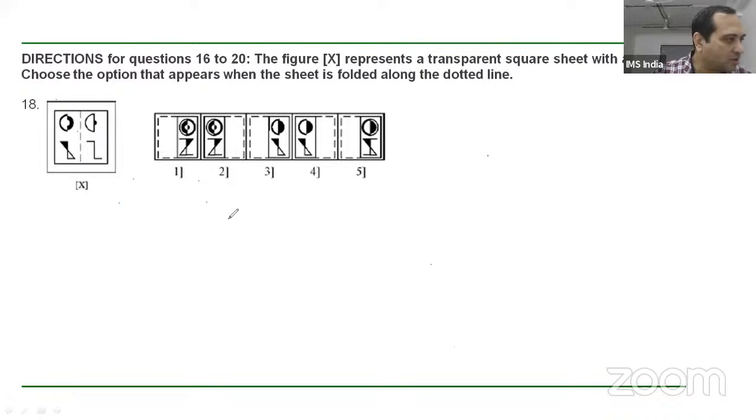Correct, correct. All are correct. Dhanisha, please check, Dhanisha.